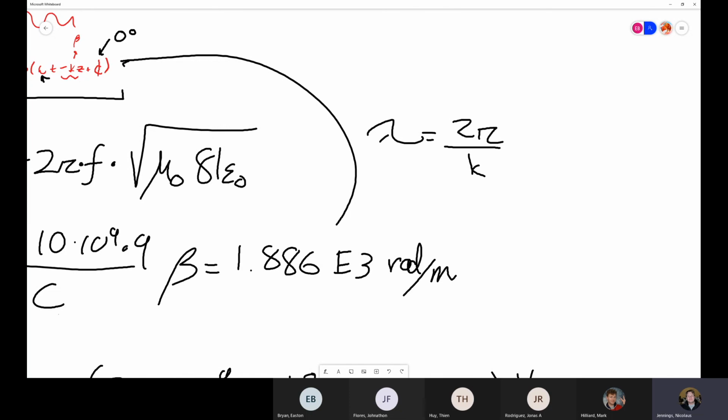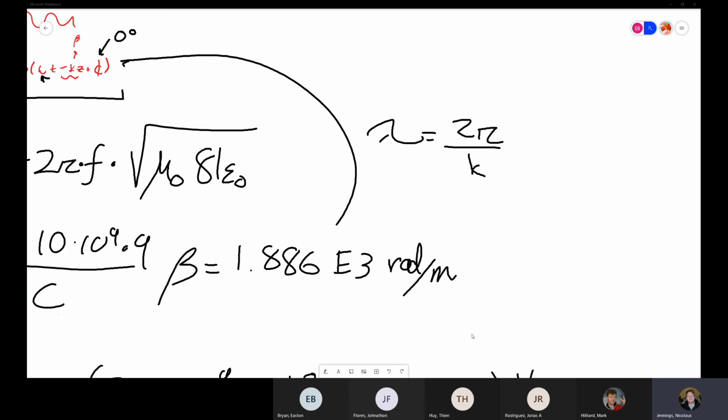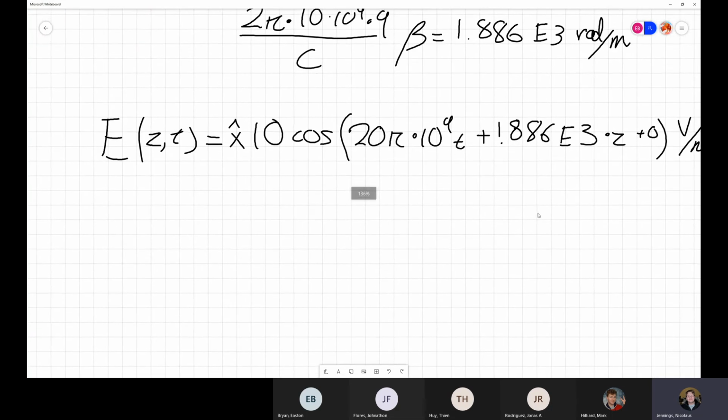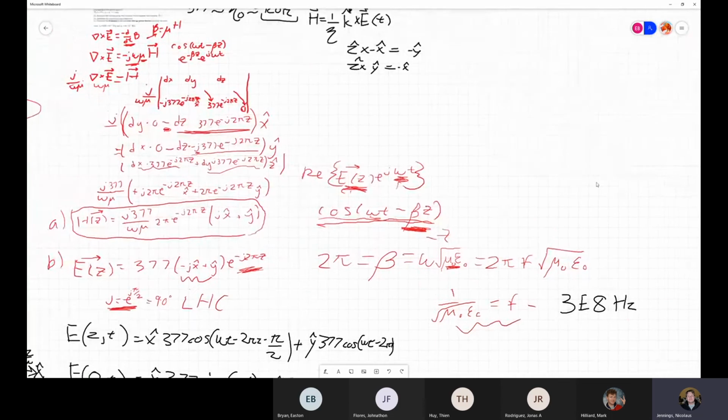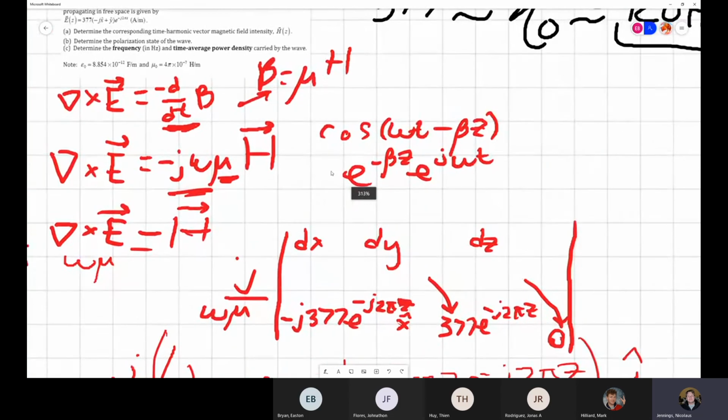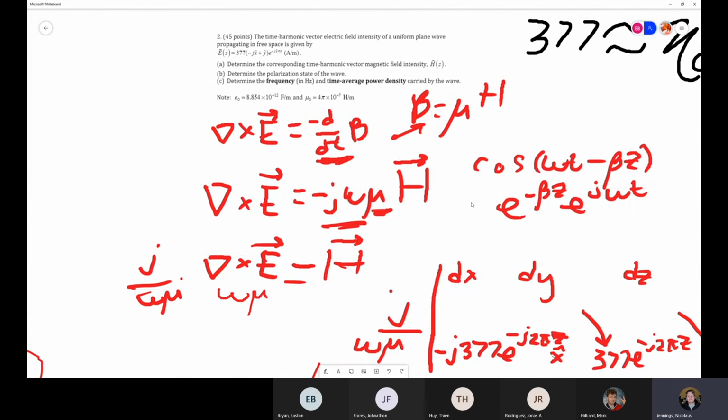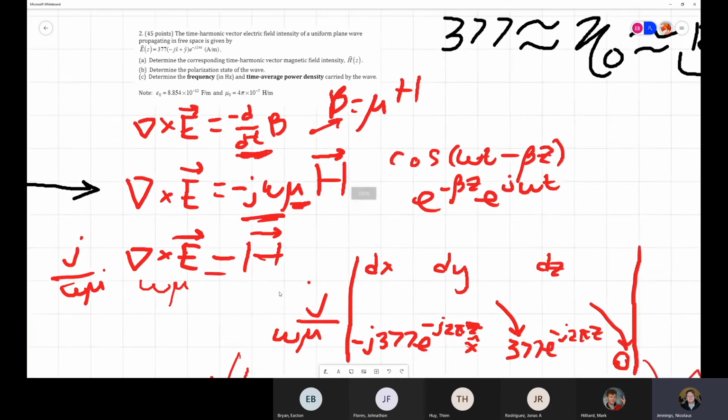I don't know if they'll throw this at you guys, but definitely be prepared. I was trying to be prepared as well on my exam. What we've given you in the previous example was free space, when there is no conduction, so a lossless medium. That's generally okay, right?